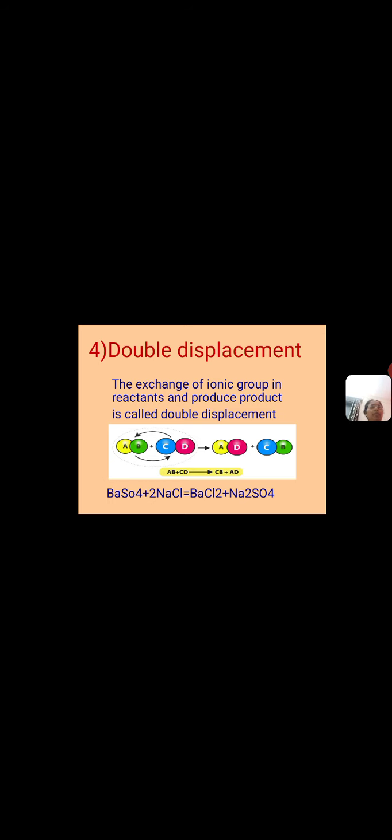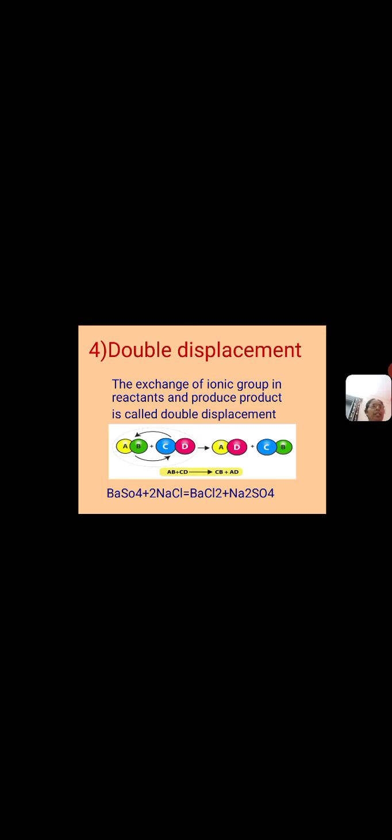A plus takes the D minus group, D ions, and C plus takes the B minus group. Thus, there is ionic exchange in the reactants and we get the product. So it is called double displacement. Double displacement means exchange of ionic groups.